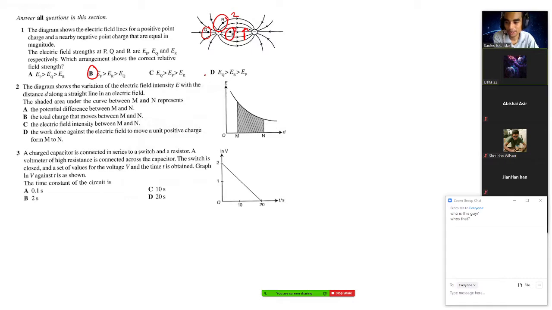So number 2. The diagram shows the variation of electric field intensity E with the distance D along a straight line of electric field. What does the shaded area under the curve between M and N represent?